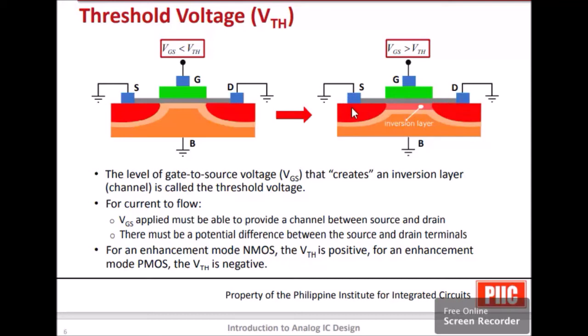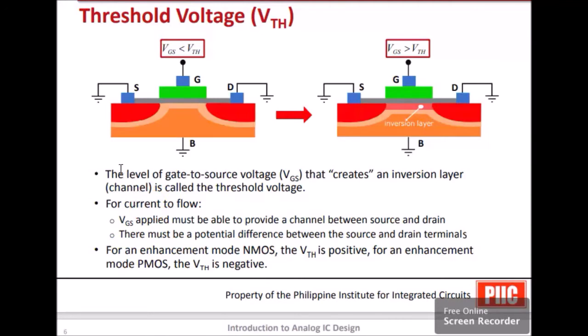So, kailangan meron tayong potential difference between the source and the drain. Kasi kung walang potential difference, walang magtutulak sa ating electrons. Kung meron ngang potential difference between your source and the drain, pero wala namang channel, eh wala pa rin current. So, kailangan itong dalawa ma-satisfy para magkaroon tayo ng current.